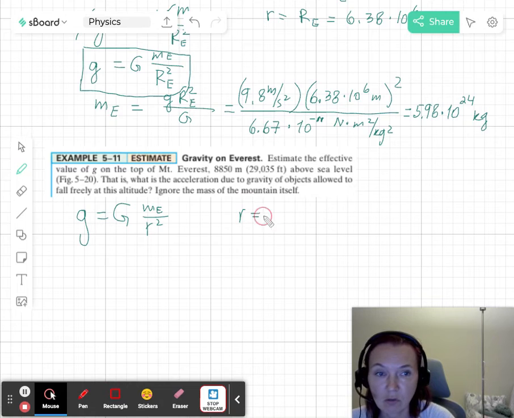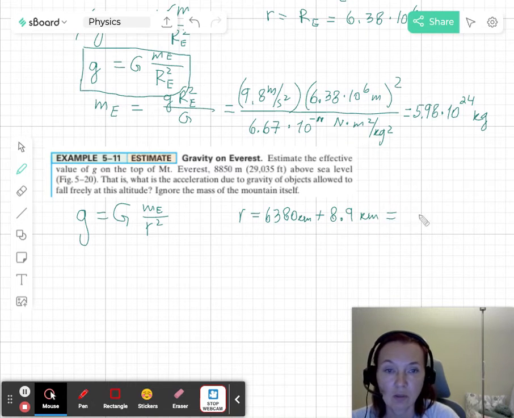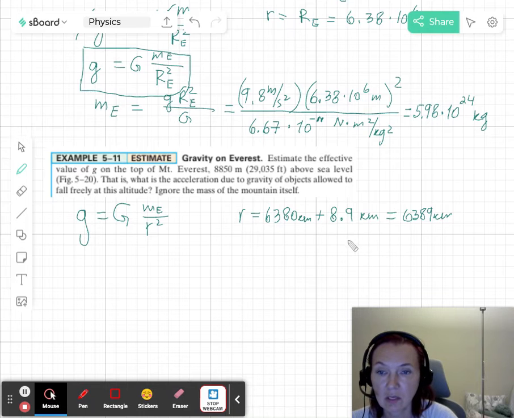So r is now going to be the radius of the Earth, which is 6,380 kilometers, plus 8,850 meters, which converted into kilometers is about 8.9, if we round. That gives us 6,389 kilometers, or 6.389 times 10 to the power 6 meters.